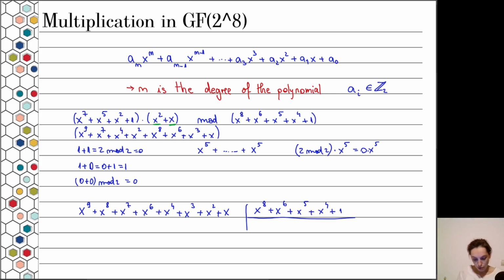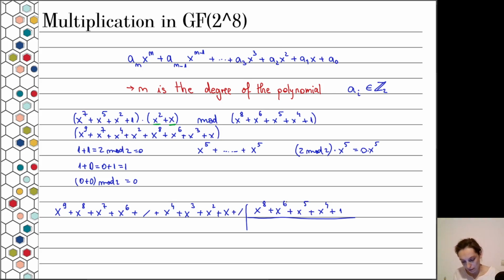I would like to keep a place for each exponent, so that's why I will move this a little bit in order to let the place for x powered by 5, just in case we will need it. So plus nothing plus x powered by 4 plus nothing.